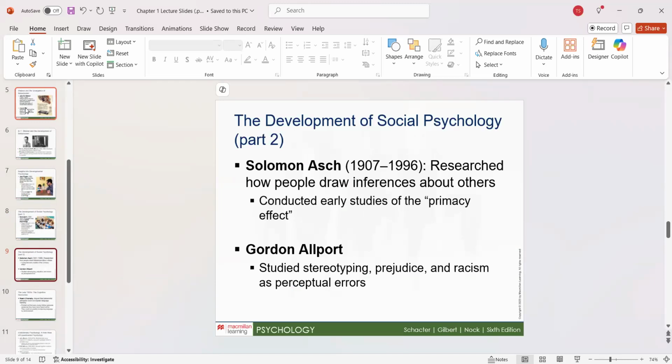He studied something called conformity, where you may have heard of this study before, but he essentially had some lines on a screen, and he had people compare the length of the lines, and essentially they had to see which line matched another set of lines. And what he would do is he would have a group of people come in to participate in this, and all the people except one would be false participants, and it would be one true participant.